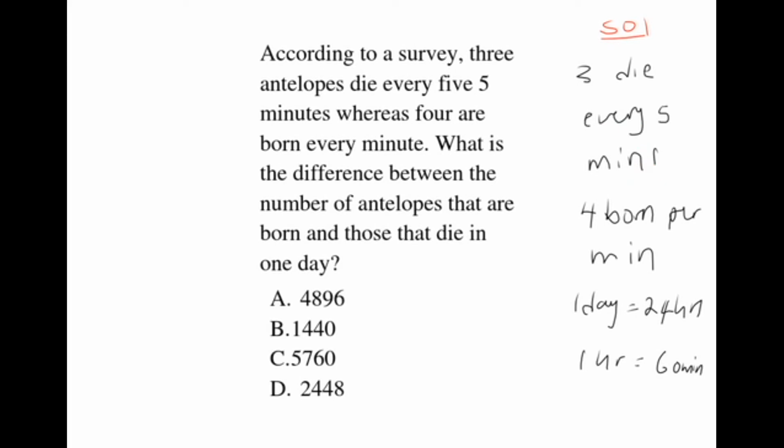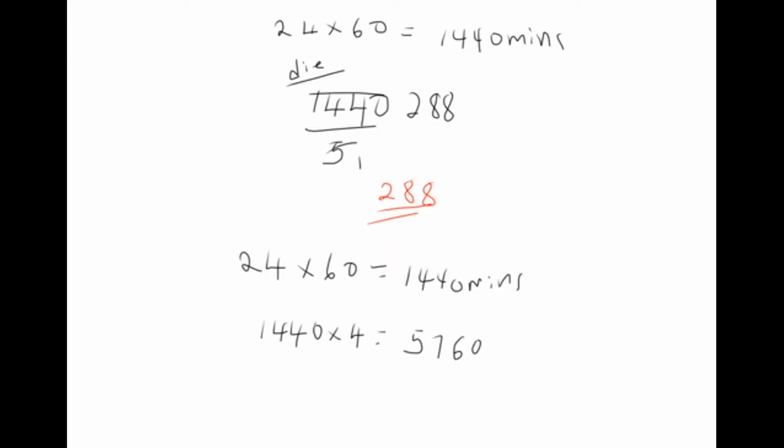When we solved here, we divided 1440 by 5, we got 288. Therefore, this 288 we multiply by 3. We shall get 864.